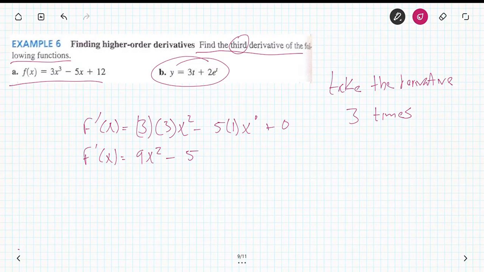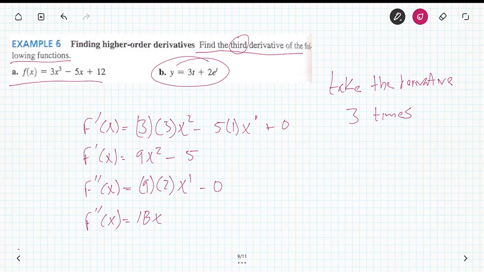Now we take the second derivative of this function, which is going to be 9 times 2x to the first. Take the derivative of 5, and that's going to be minus 0. Now f double prime is going to be 18x. Take the derivative now.